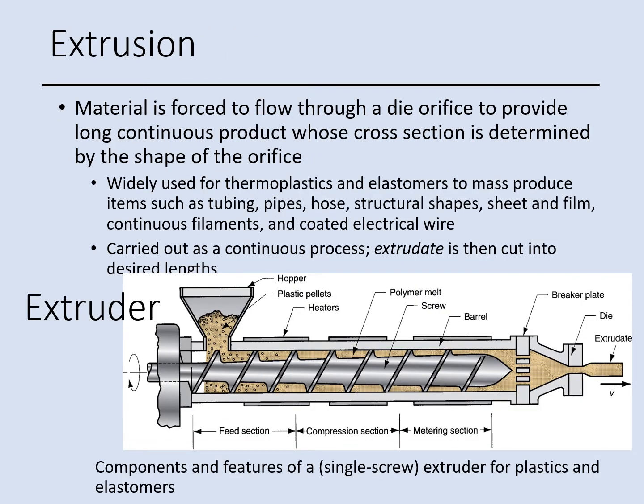The first process of shaping polymer is called extrusion. In the extrusion, we have a polymer that is going to be forced to flow through a die orifice here to provide a long product, and the cross section of that product will determine the shape of this orifice at this part.